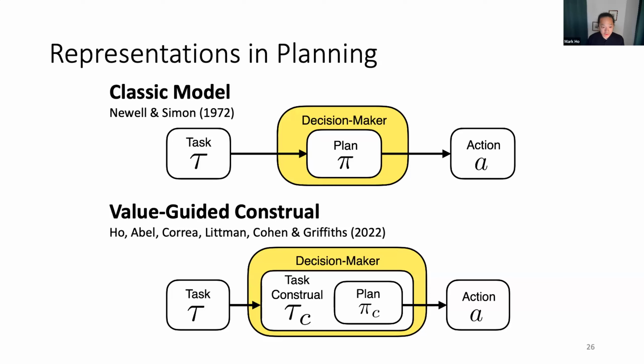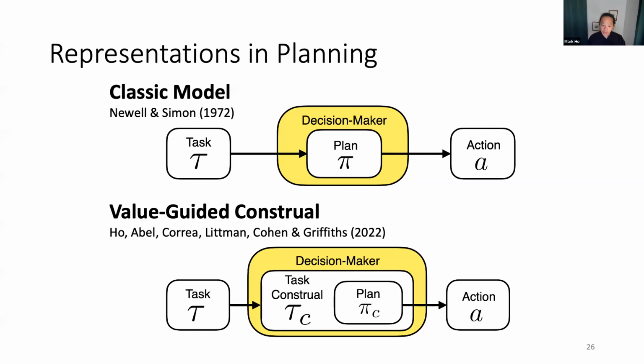In our paper from last year, we proposed the idea of value-guided construal: you have a task out there in the world, but you're also forming a simplified version of that task, planning over that simplified version, and then taking actions. So there's an adaptive process of both forming a task representation and doing planning over that representation.